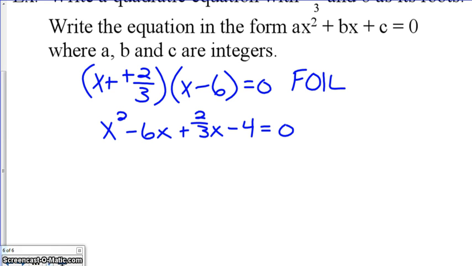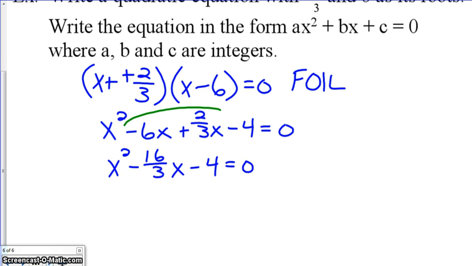Write in quadratic form. Remember, in order to add these two terms, you have to have a common denominator. So in order to get a common denominator, we have to turn -6 into a fraction of -18/3. So we can combine those.